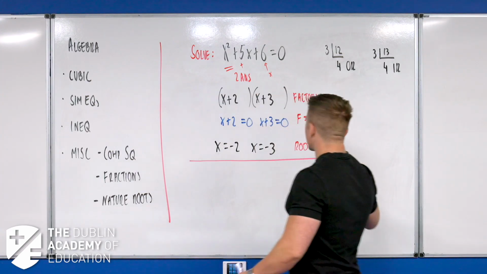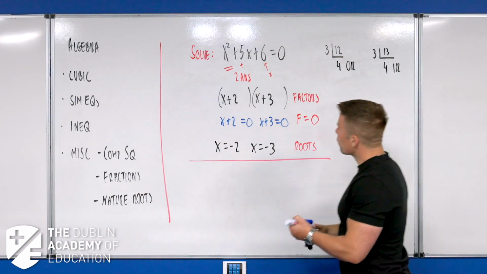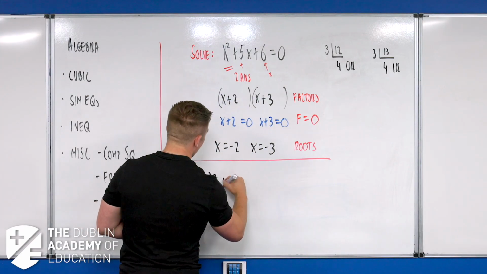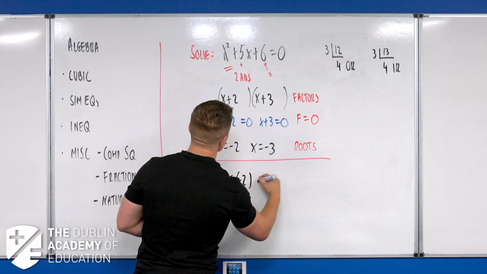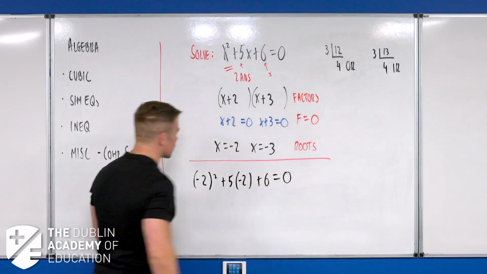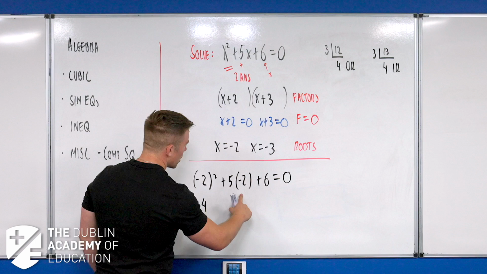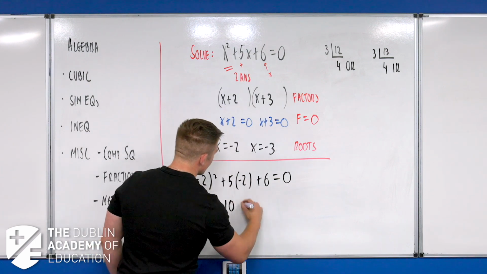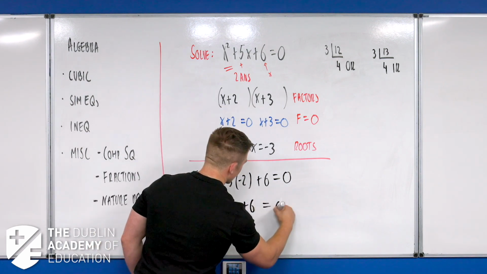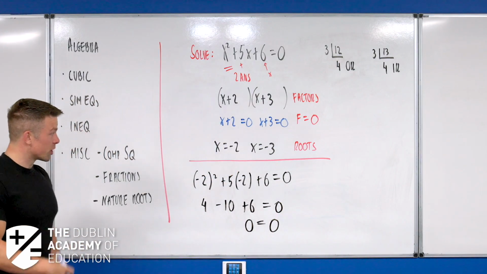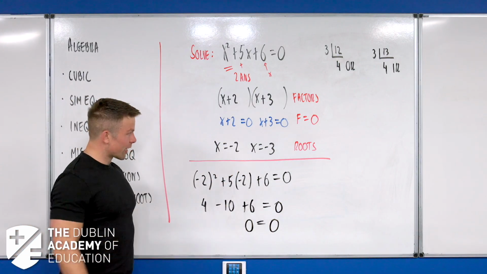So to give you an example, if I put minus 2 in for x, I have minus 2 squared plus 5 times minus 2 plus 6 equals 0. Minus 2 squared is positive 4. We've got negative 10. We've got plus 6 equals 0. That gives me 0 equals 0, and that actually proves that that is a root because it satisfies.